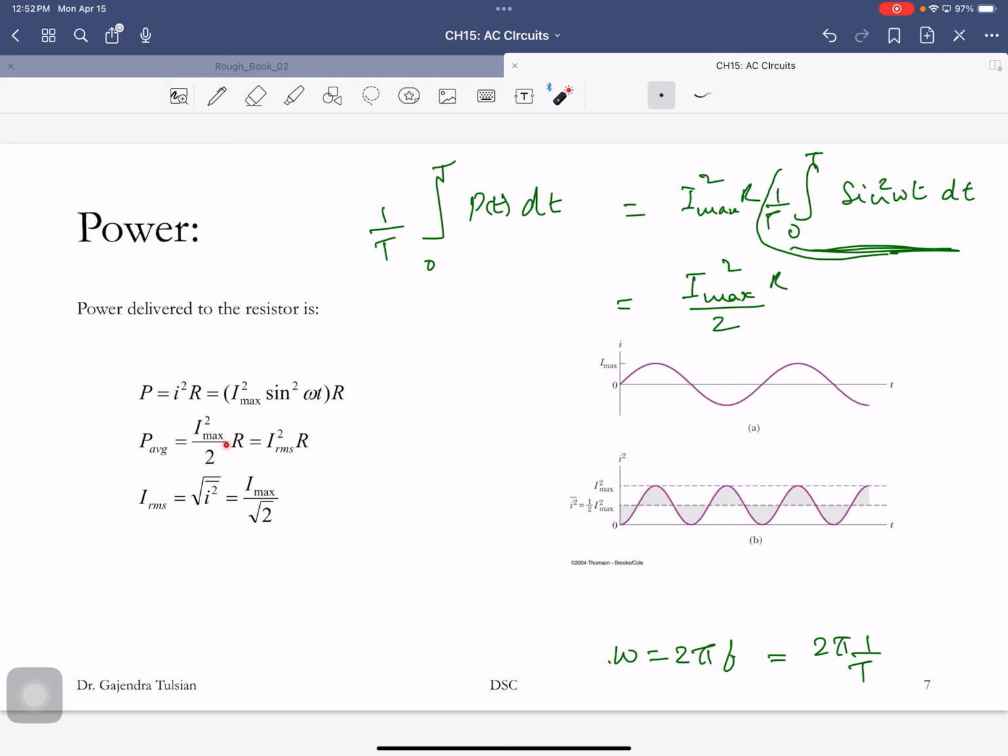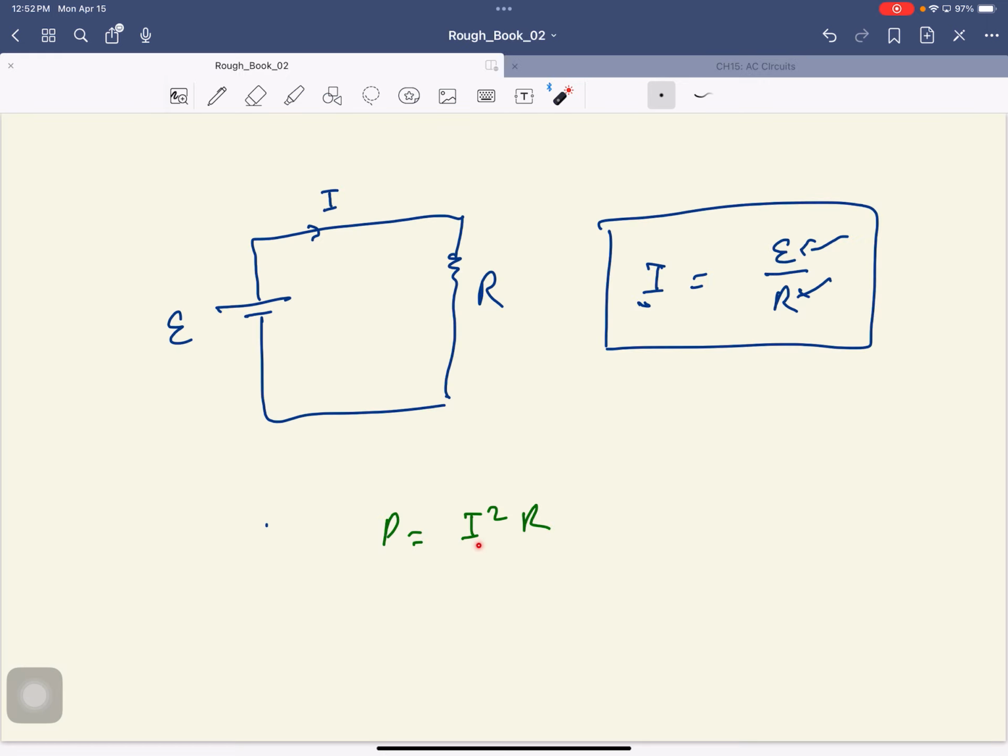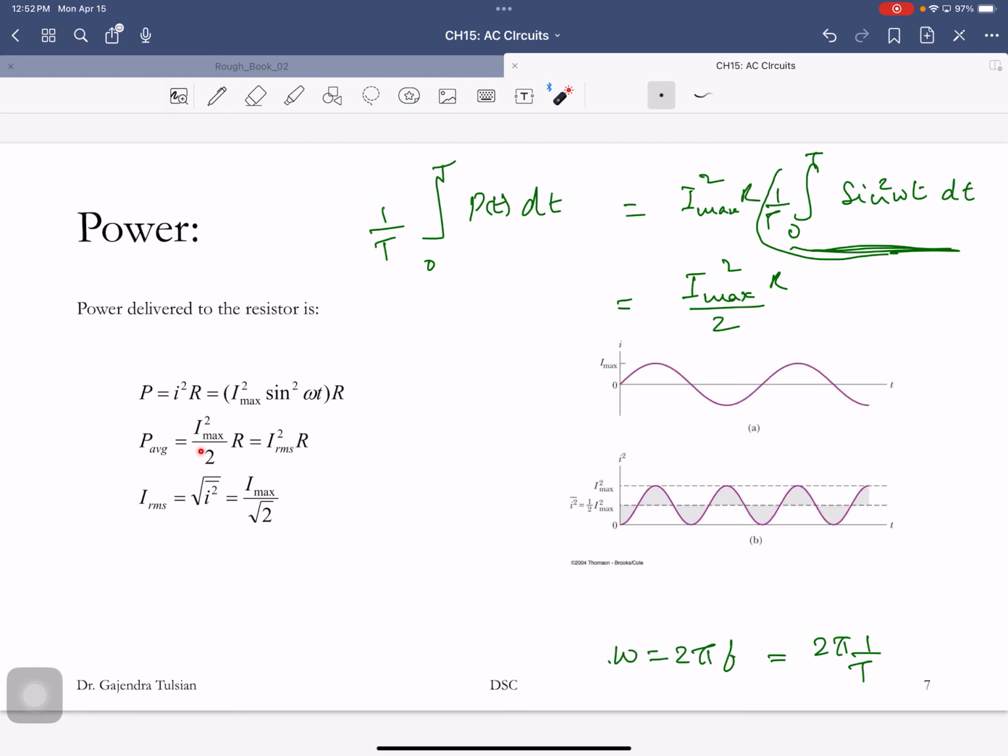Do you guys see this? This and this guy, it's I square R. This factor of 2 is annoying. So this formula is different.